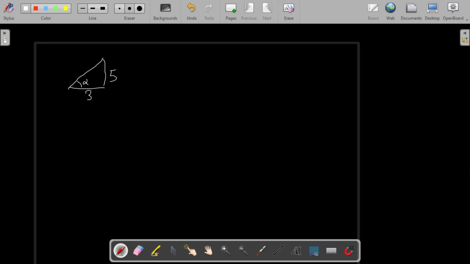I can make here 9, the longest side of the triangle. The question is find cos alpha, sine alpha, and tan alpha. At the end of the day, I can decide to even find alpha, but just let me concentrate on sine, cos, and tan. That's just to work more on the previous example.